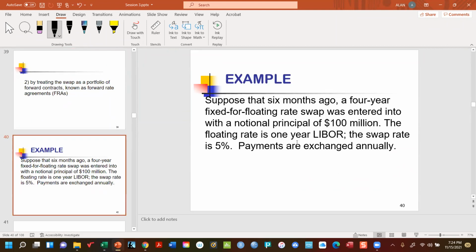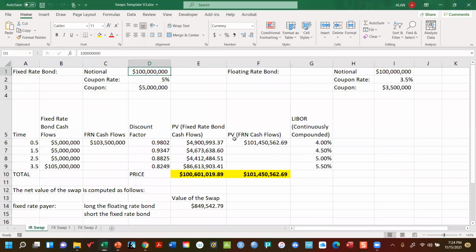All right, so 6 months ago, 4-year swap, $100 million, 5%. The coupon is therefore $5 million on the fixed side. The floating rate side, it has to be 100 million.